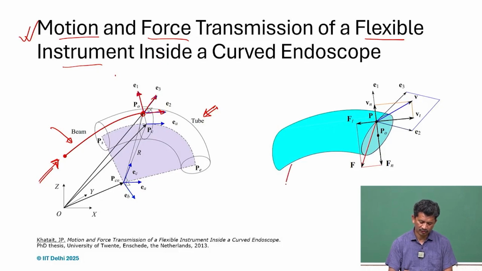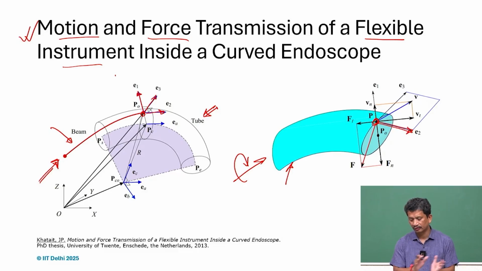So this is the instrument. Now we enlarge, and suppose it makes contact at P, and at this end you are pushing and at the same time also rotating. Suppose this is the axial direction defined. This is the pure translatory motion Va, and then you have E3 defined also.